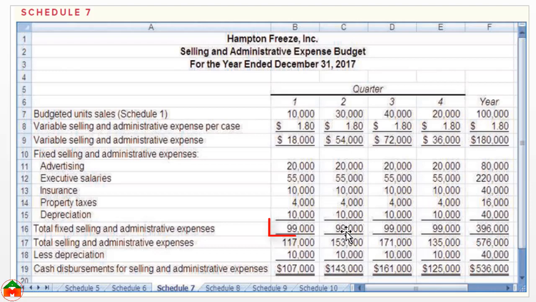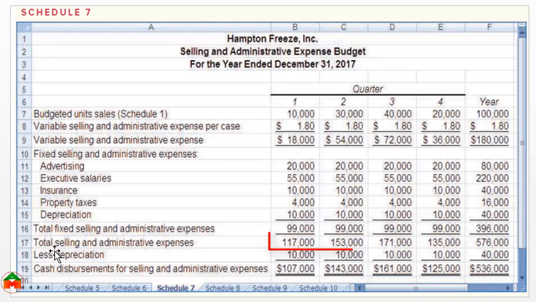In the same way, in the second, third and fourth quarters there would be 99,000 for each quarter. Since they are fixed, there is the same amount in all quarters. And our variable selling and administrative expense is 18,000 for the first quarter, 54,000 for the second, 72,000 for the third, and 36,000 for the fourth quarter. This row shows the variable portion, and 99,000 shows the fixed portion.